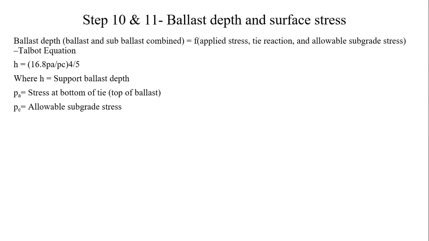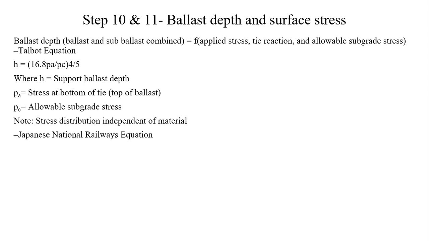So for ballast depth, we can have different ways. One is to use this relation, 16.8 P over PC raised to the power 0.8, where H is the supporting ballast depth, P is the stress at the bottom of the tie, and PC is the allowable subgrade stress. And this distribution is independent of material.